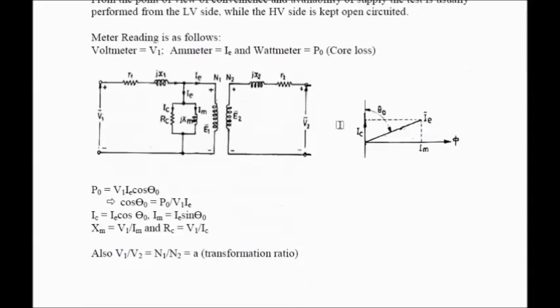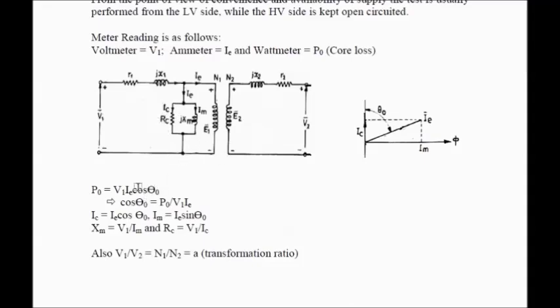So this P0 is mainly core loss, or this core loss is IC square into RC, where IC is the current through this resistance. This is the core loss component, core loss resistance.